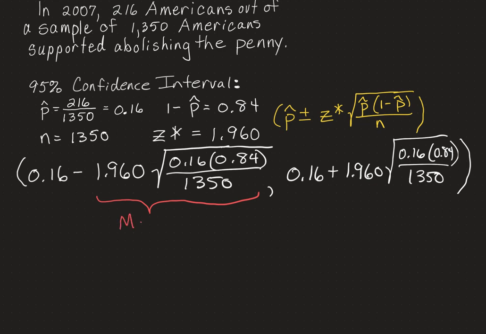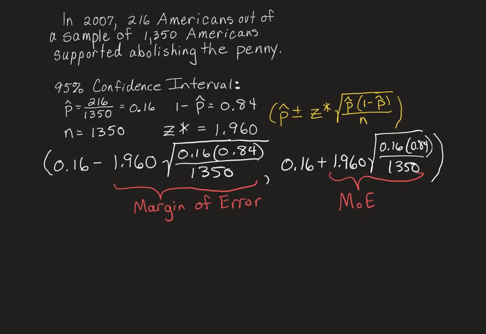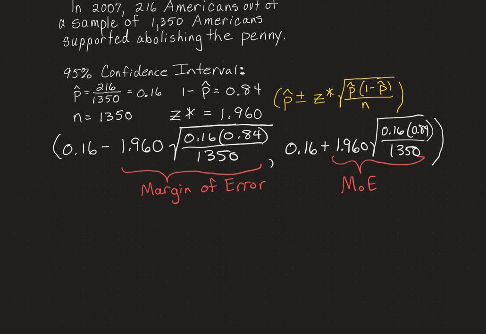This entire 1.960, etc., is our margin of error, or as I have abbreviated it for you, our ME, our margin of error. Now, we could just calculate the lower bound completely all at once and the upper bound completely all at once. But I would like to go ahead and separate the margin of error and talk about how we can report our confidence interval in a couple of different ways.